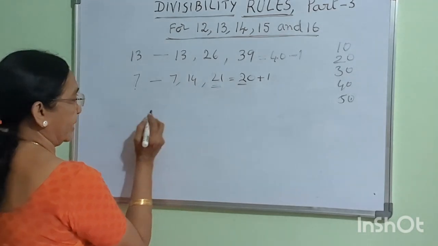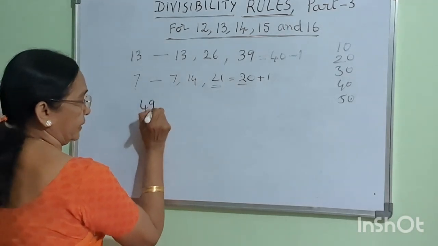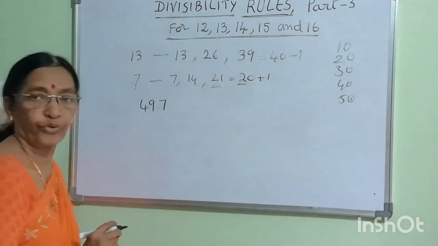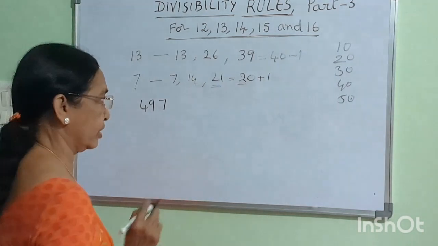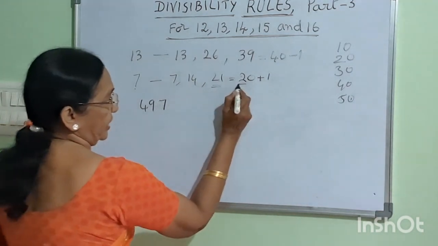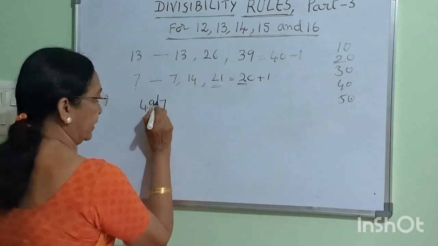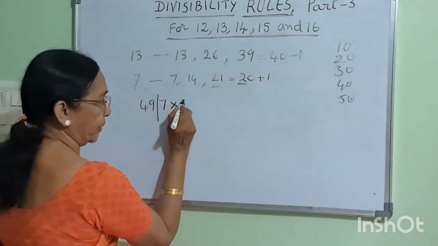So, let us take a number, 497. Whether it is divisible by 7 or not, let us see. The osculator for 7 is 2. Therefore, separate the units digit and multiply it by 2.